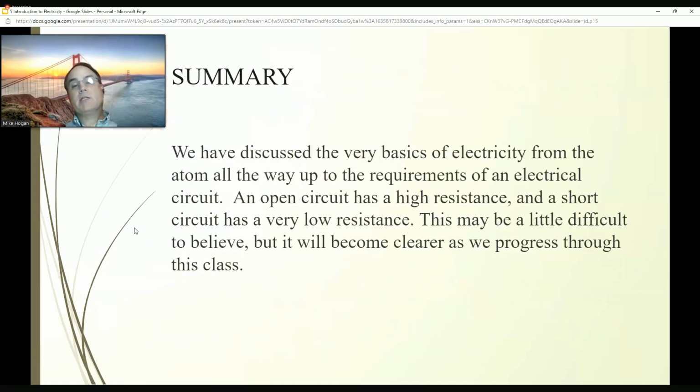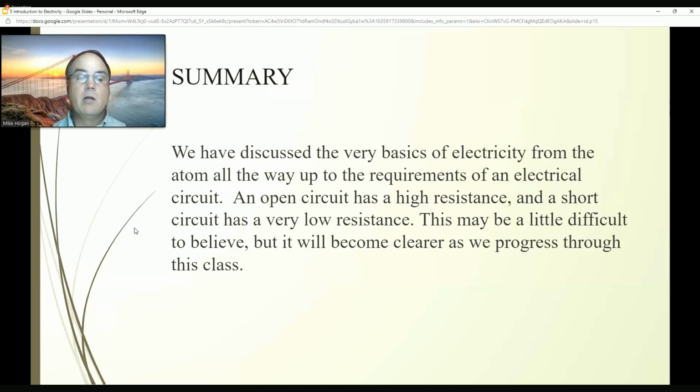All right, so that's some of the basics of diving into electricity and thinking about what we're going to be in for the next couple weeks in terms of looking at electricity and its makeup, and how we can control and use those electrons that we want to move through these circuits and through these different components.